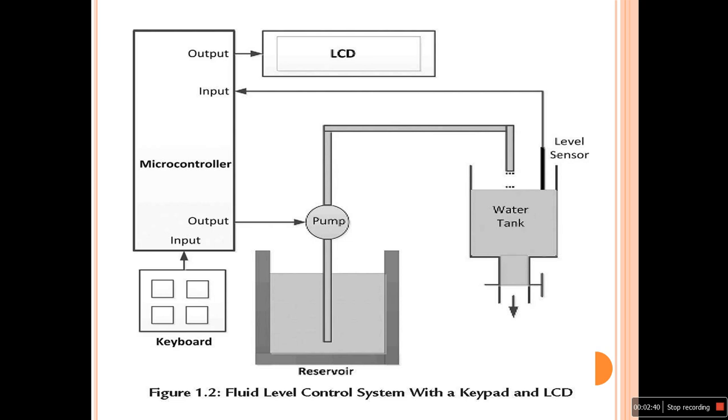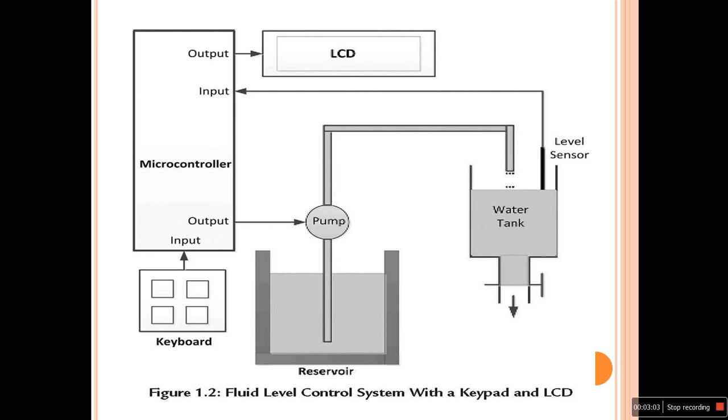Another example of an embedded system is a water reservoir and overhead tank. If we have an embedded system in place, as you see in this example, we have level sensors at the overhead tank, and then we have a pump. The actuator output is going to the pump.